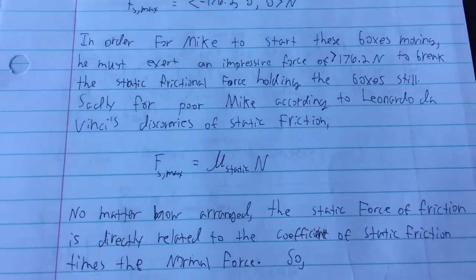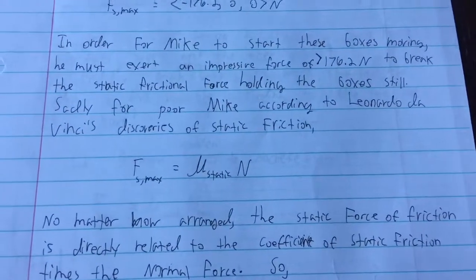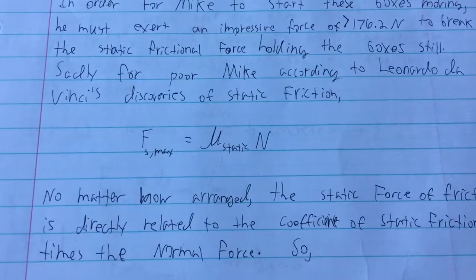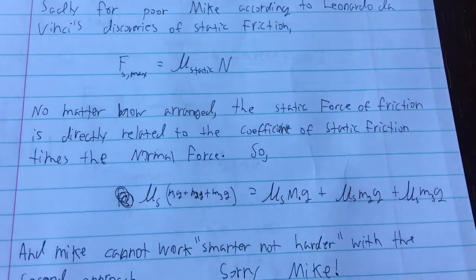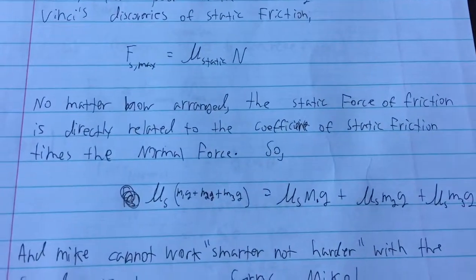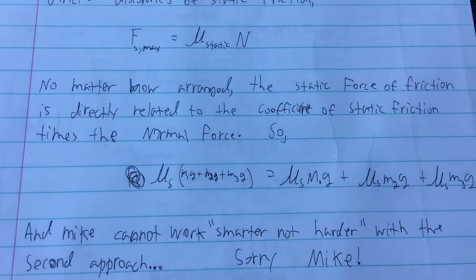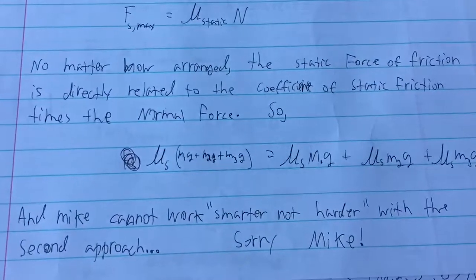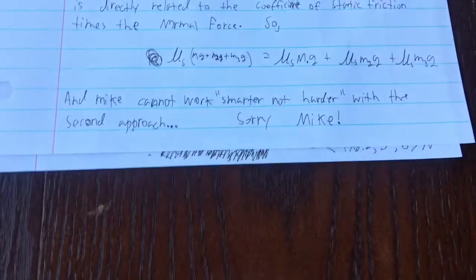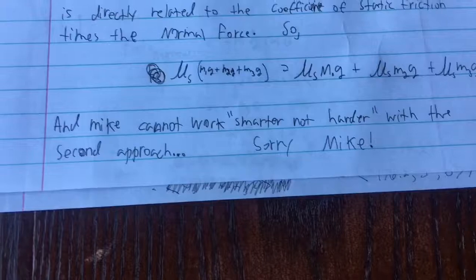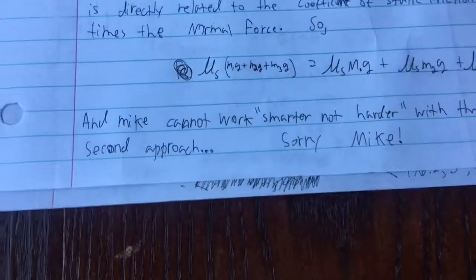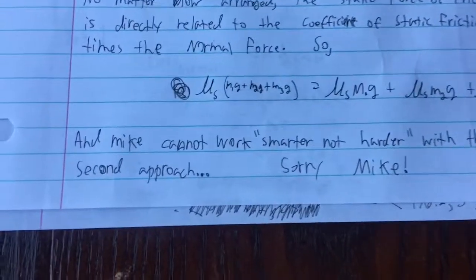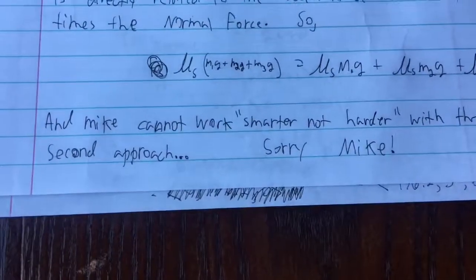So sadly for poor Mike, according to Leonardo da Vinci's discoveries of static friction, no matter how arranged, the static force of friction is directly related to the coefficient of static friction times the normal force. So whether or not the boxes are stacked or lined, they still have a mass, they still have a normal force, they still have a frictional coefficient, and the maximum force of static friction is still going to be the same for Mike.